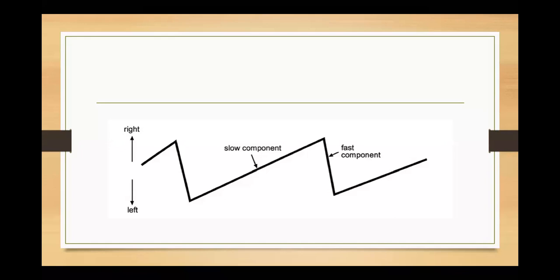In this, any upward movement is considered movement of the eye towards the right side. So let's consider you are standing at this point and looking straight here. This is kind of a zero line.